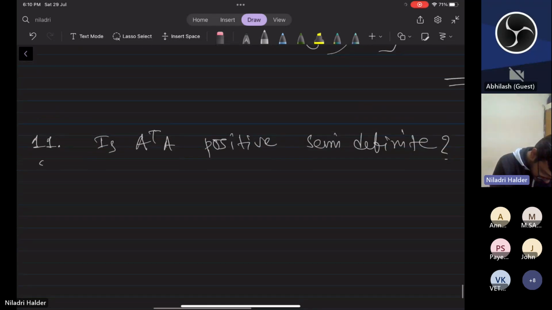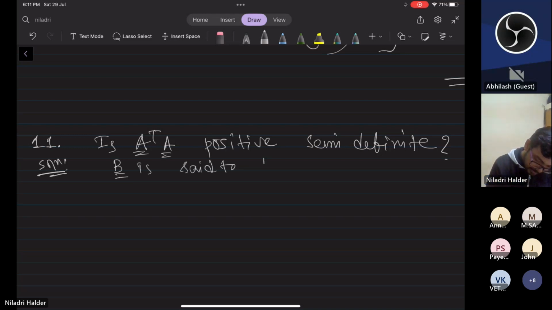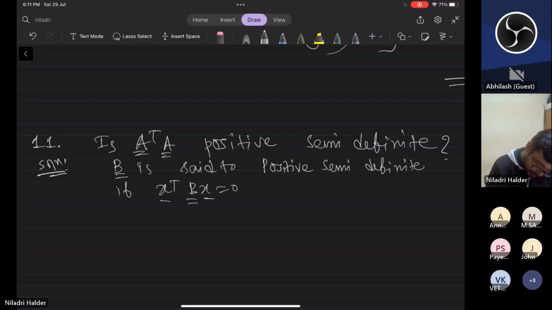So the solution is, to find the positive semi-definite matrix, suppose there is a matrix B. B is said to be positive semi-definite if x transpose Bx is greater than or equal to 0 for all x. Okay, so let's check here.